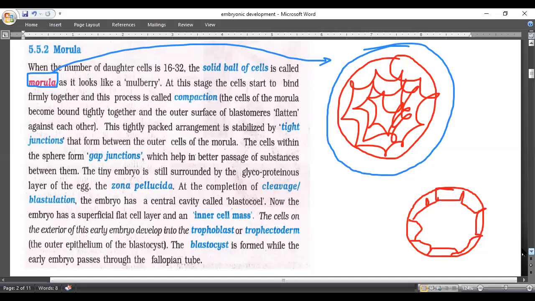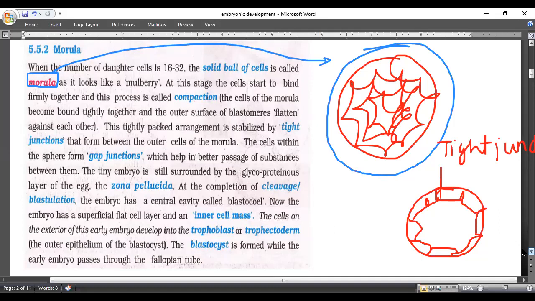This tightly packed arrangement is stabilized by tight junctions that form between the outer cells of the morula. Here the tight junctions are getting formed.